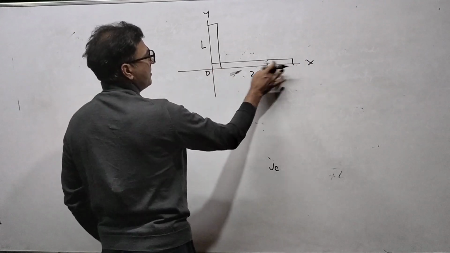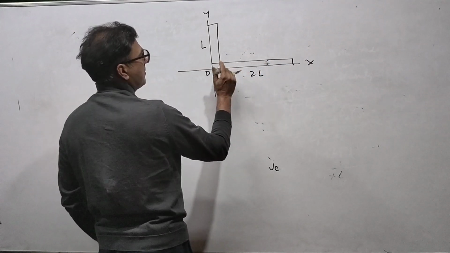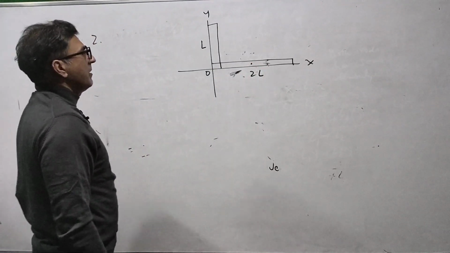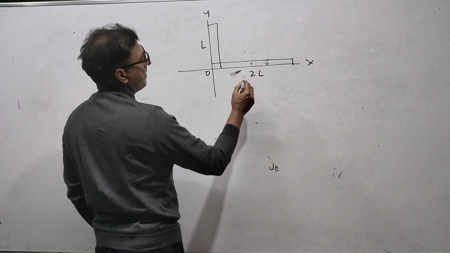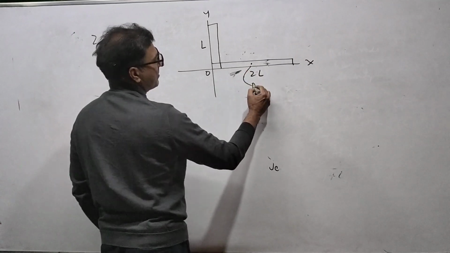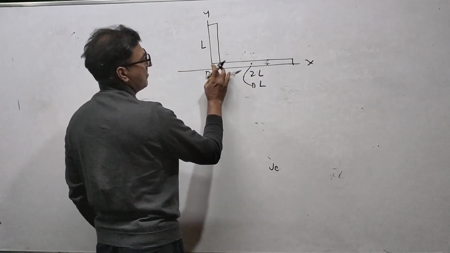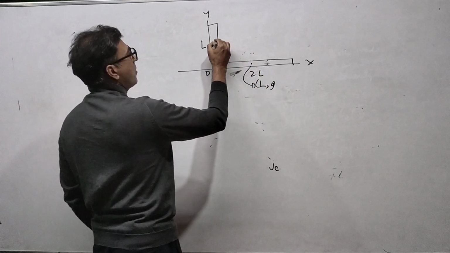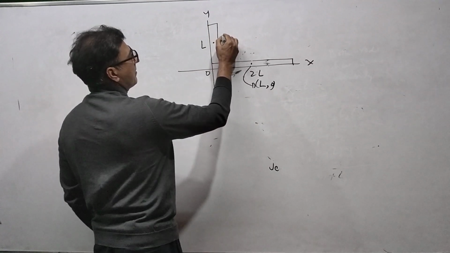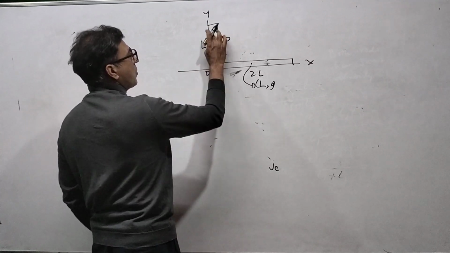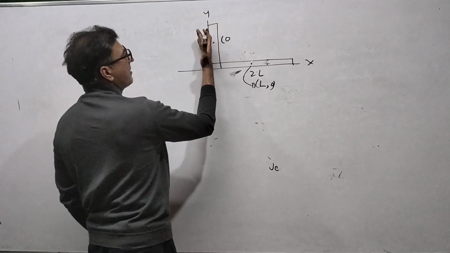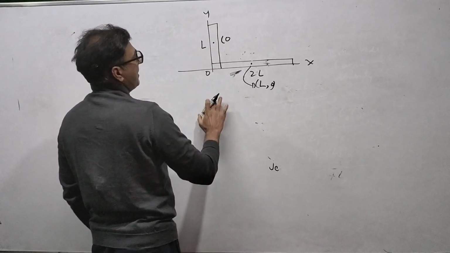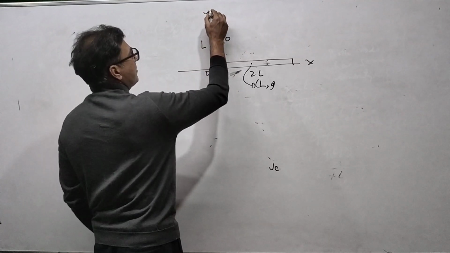So what is the center of mass of this rod? That is here. The center of mass is L from here to here. Coordinates of the center of mass are L and 0, and the X coordinate of this other rod is 0, if the rod is thin and coinciding with the y-axis, passing through the center.